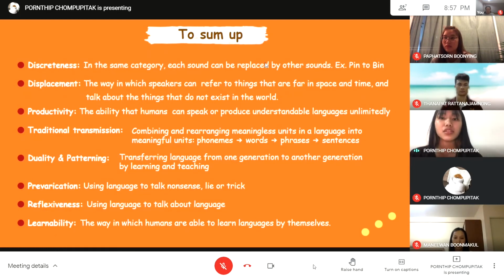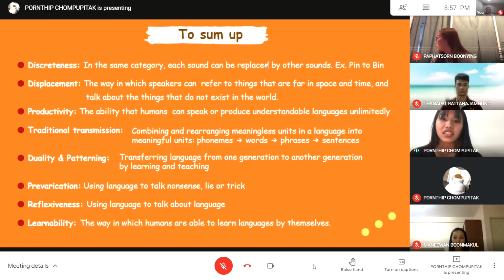Displacement is the way in which speakers can refer to things that are far in space and time, and talk about things that do not exist in the world. Third, productivity. Productivity is the ability that humans can speak or produce understandable language unlimitedly.